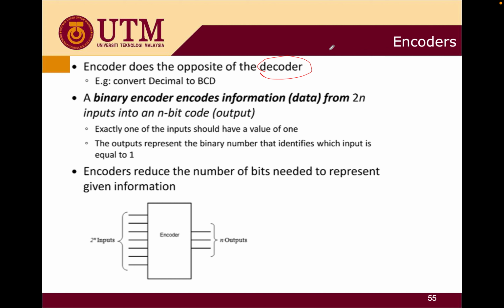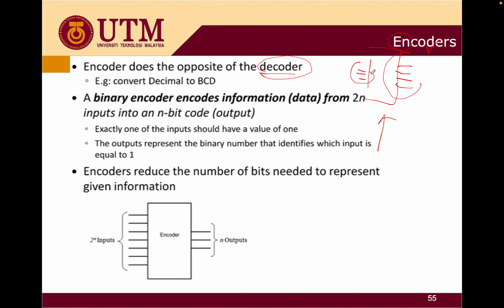The biggest differentiation between decoder and encoder is that a decoder has fewer inputs but many outputs. It's much easier to see when you look at the picture.